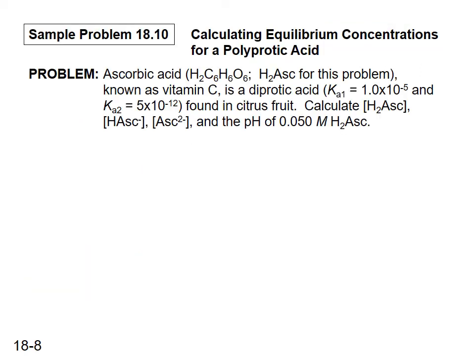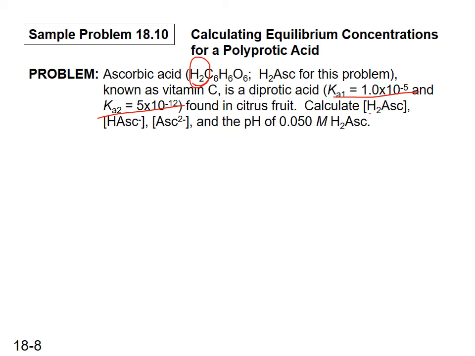Sample problem 18.10. Ascorbic acid, known as vitamin C, is a diprotic acid. That means you have 2 hydrogens. Ka1 and Ka2 are both given, and this acid is found in citrus fruit.